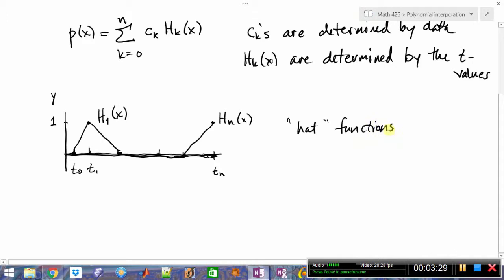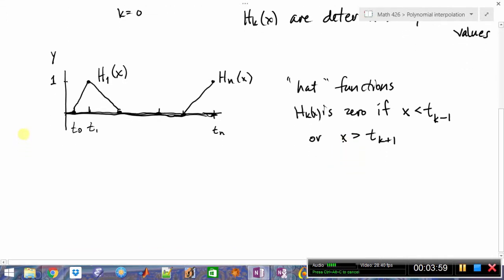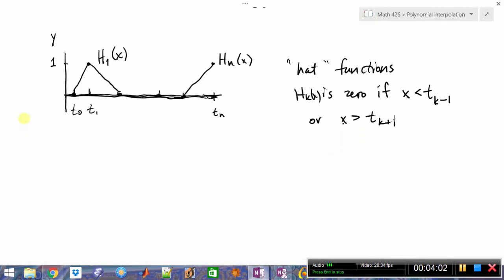And they are non-zero only near tk. So hk of x is 0 if x is less than tk minus 1, or x is greater than tk plus 1. So in fact, these hat functions satisfy 3 conditions.